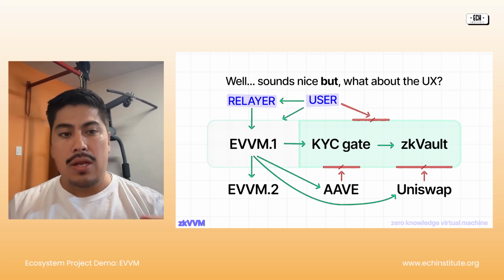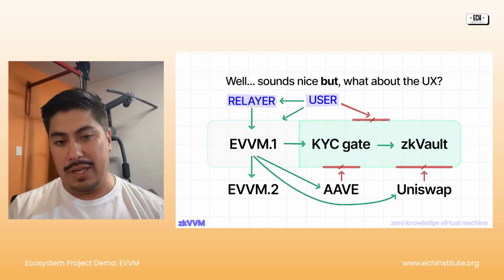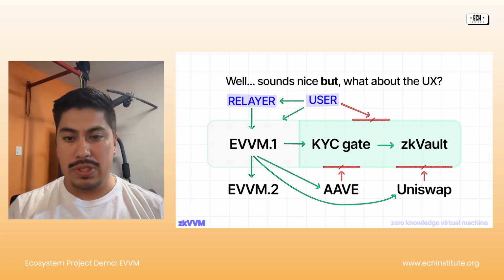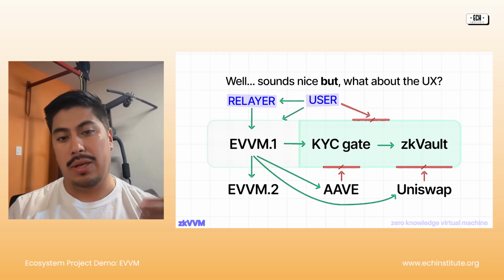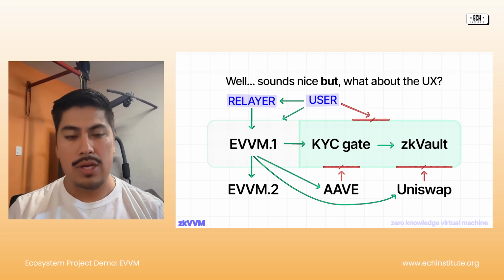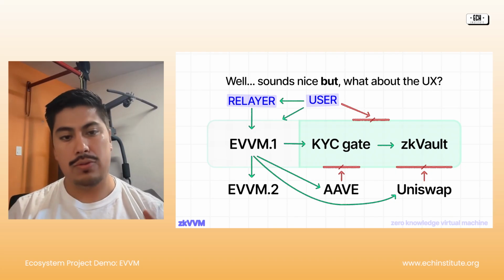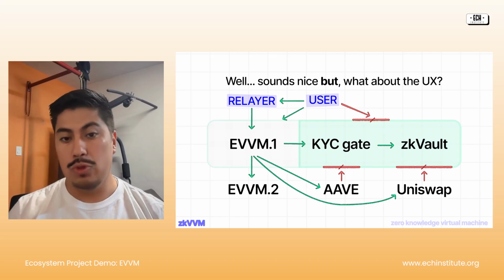In the EVVM part, in the DeFi part, we are integrating with Uniswap and Aave in a private way, as I mentioned before, with fully homomorphic encryption, so we can do these encrypted amounts and encrypted movements.